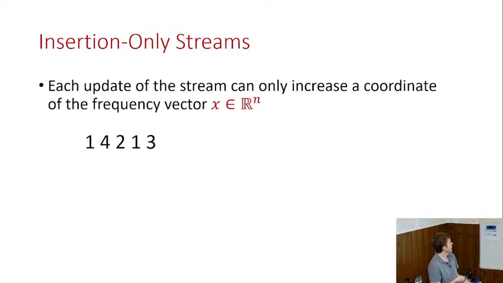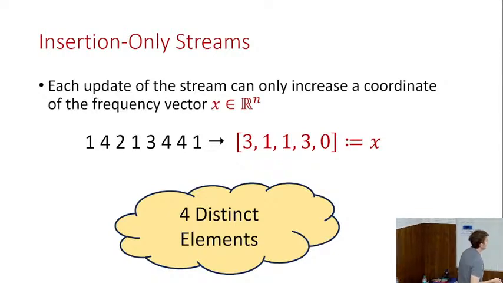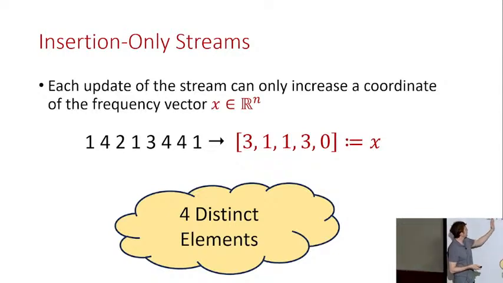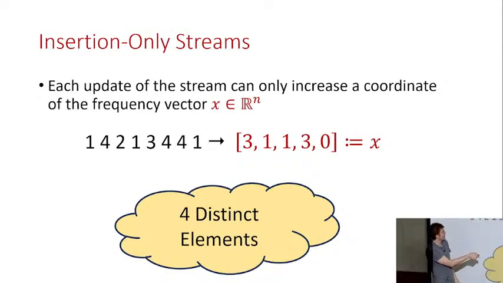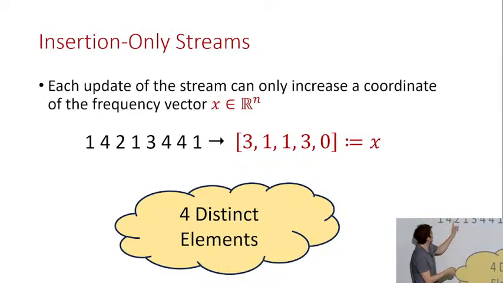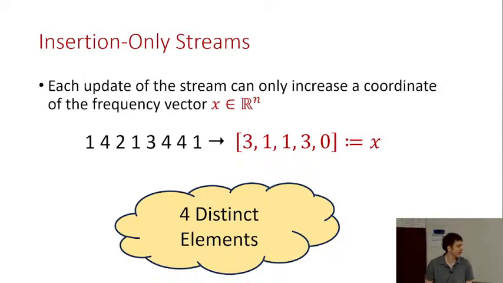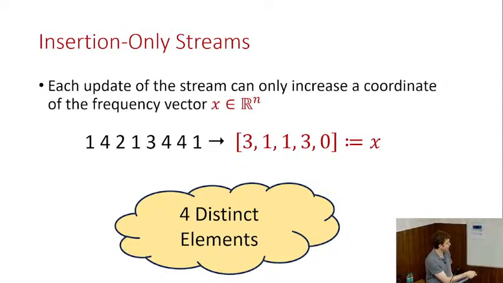So, for example, this could be your stream, and you see that you're just seeing new items. At the end of the stream, this vector x has 3 1s, so the first coordinate is 3. And it has 1 2, so the second coordinate is 1, and so on. Okay, so it's indicating the frequencies of the items. There are 4 distinct elements in total out of 5 possible here.